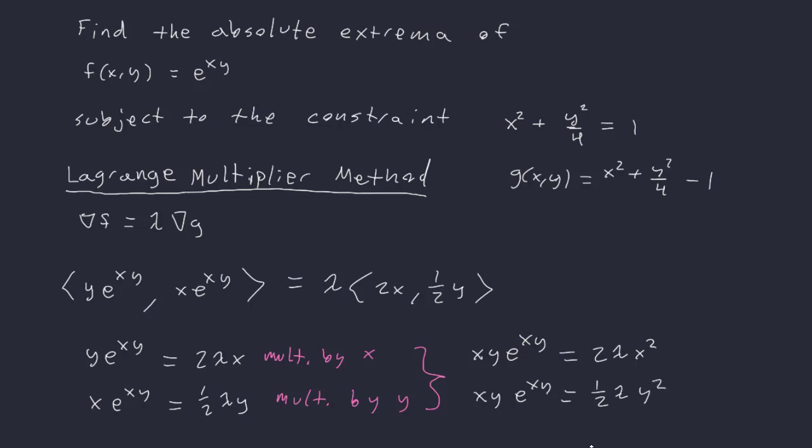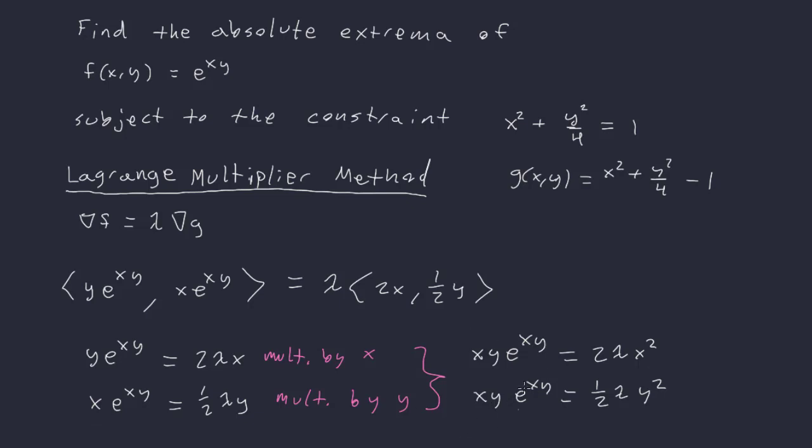Now, why did I do this? What made me think of this? It's the fact that the left-hand side of both of these equations are almost the same. They're only missing, well, what the other one's missing, right? This one's missing x, this one has it. This one's missing a y, but this one has it.